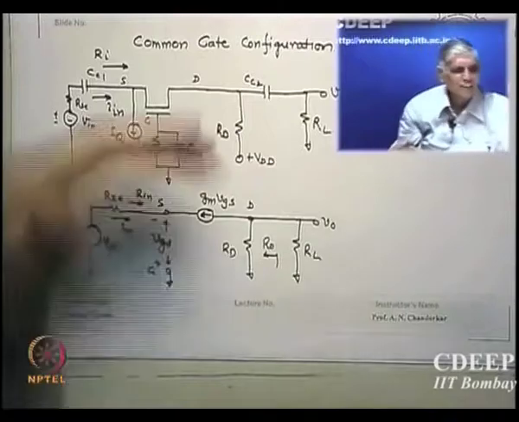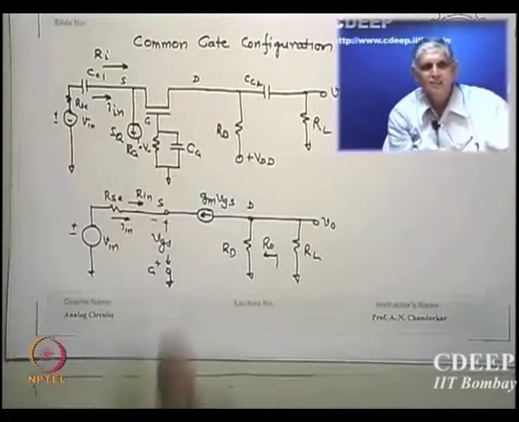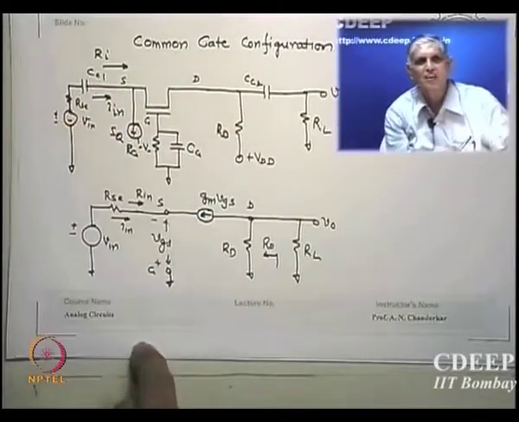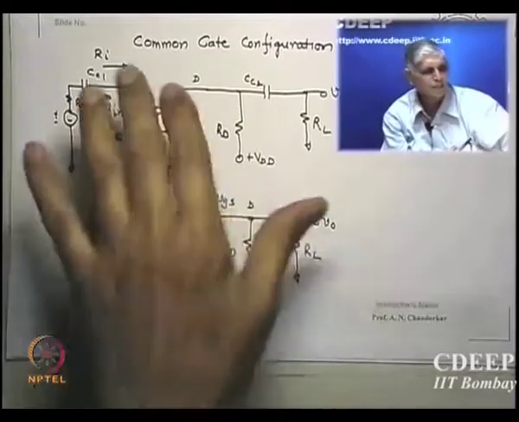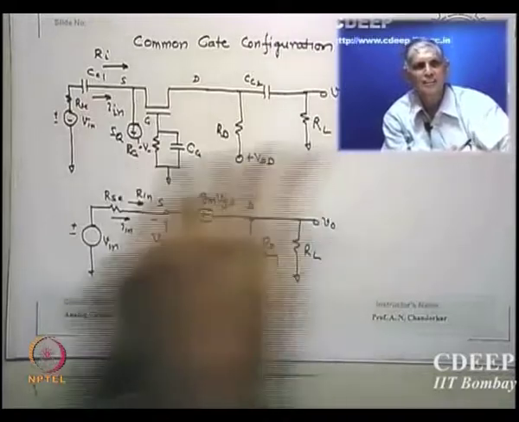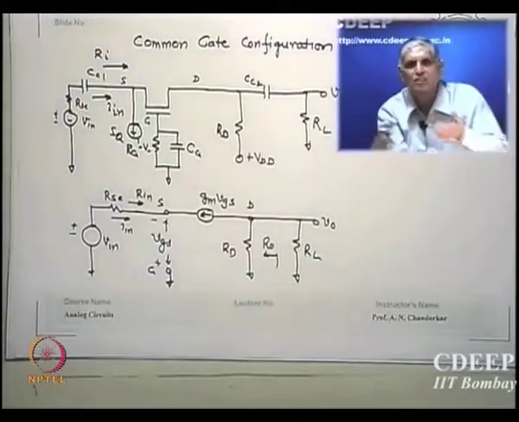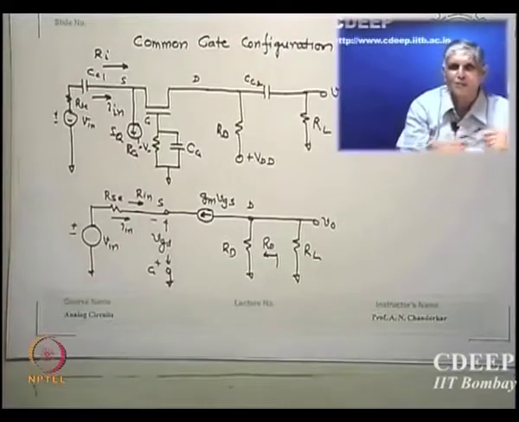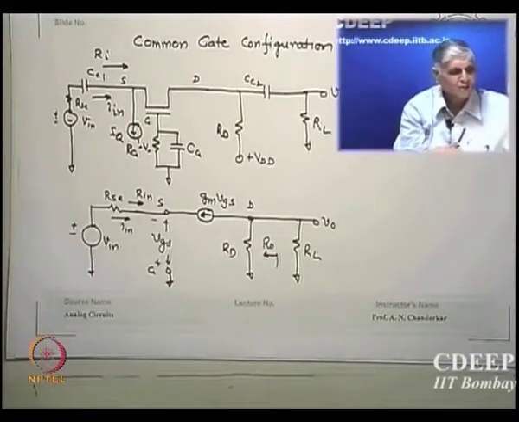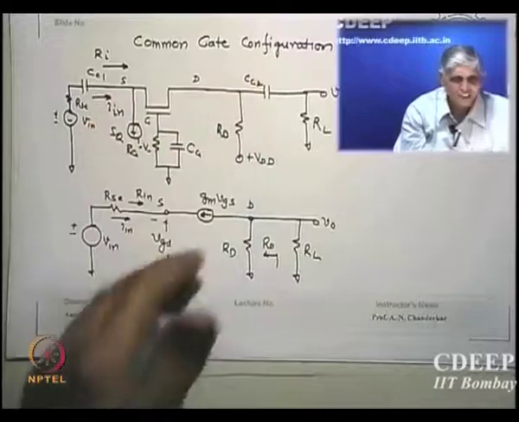How do I do it? Why do I draw this circuit like this? Because then I can draw this circuit almost identically below. Is that correct? So please remember that this is not relevant per se as far as the circuit on a board is concerned. But for drawing this, if you draw this, you know much better how to draw the equivalent. We are not interested in this, we are interested in this.